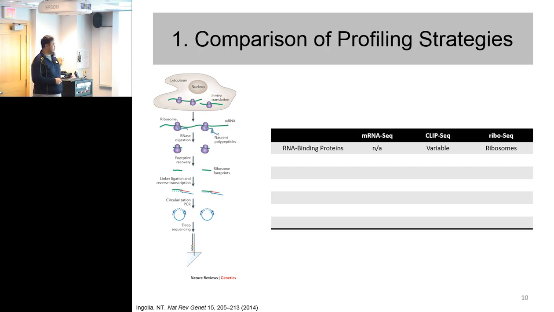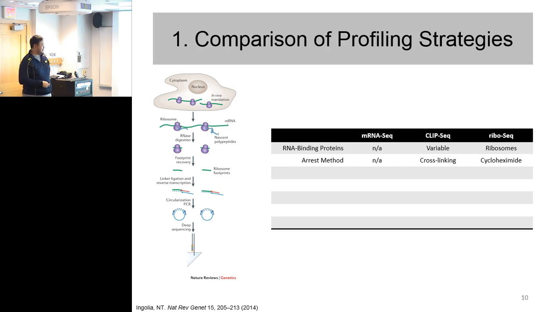So with CLIP-seq, you can basically look for different proteins. I think the Kim lab that was here at U of M developed a more generalized RNA binding protein protocol, but usually it's a specific protein. Ribo-seq obviously will isolate mRNA bound by ribosomes.